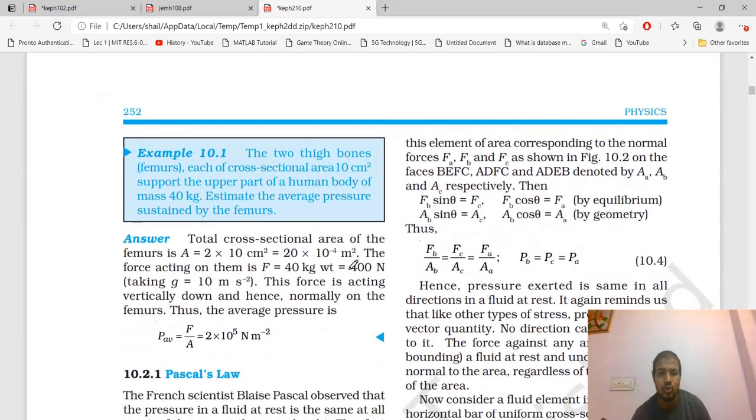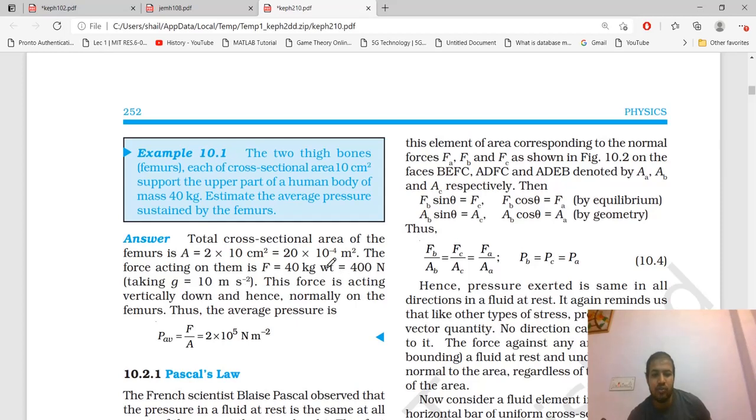Now, the two thigh bones, femurs, have a cross sectional area of 10 centimeter square each and support the upper part of the human body of mass 40 kg. Estimate the average pressure sustained by the femurs. Total cross sectional area of the femurs we can take as 2 into 10, because there are 2 femur bones.